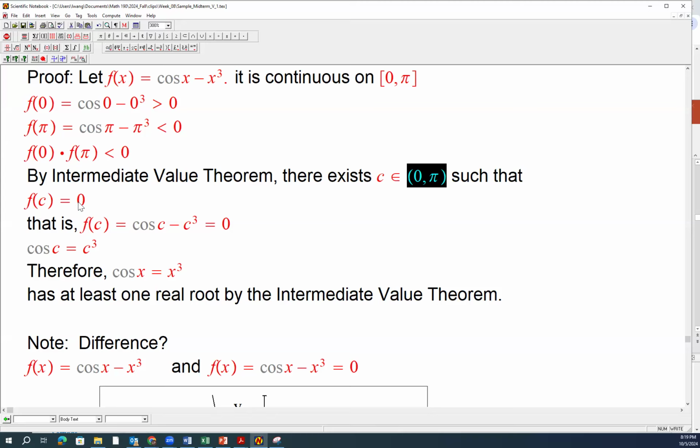So f of C exists in here, and that C will cause f of C to equal 0, and f of C equals 0 leads to that piece which demonstrates that C is a solution to this equation. Then you say, therefore, this equation has at least one real root by the intermediate value theorem.